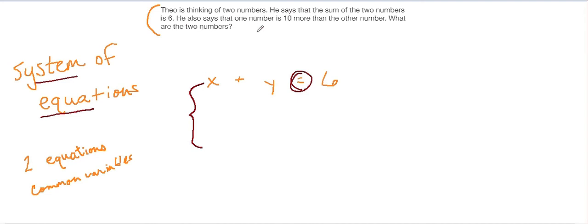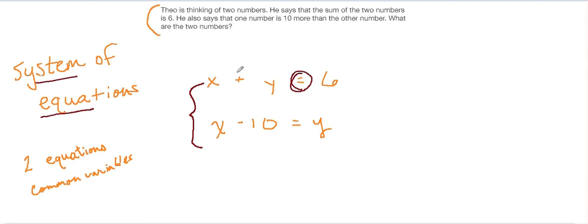He also says that one number is 10 more than the other number. So let's just say 1 is x. If you take away 10 from x, it's going to be y, because it's 10 more, right? Or I could have done x plus 10 equals y. It would have worked either way.